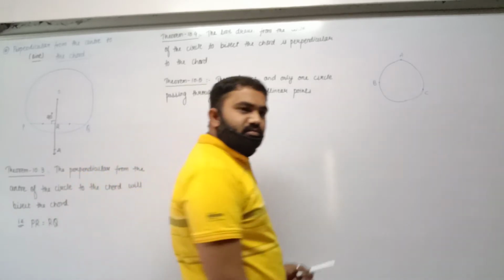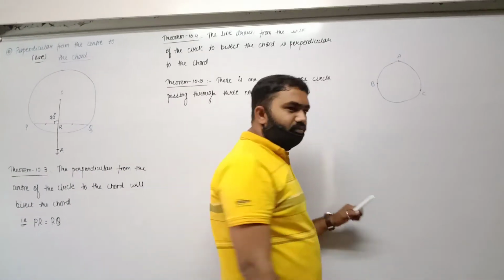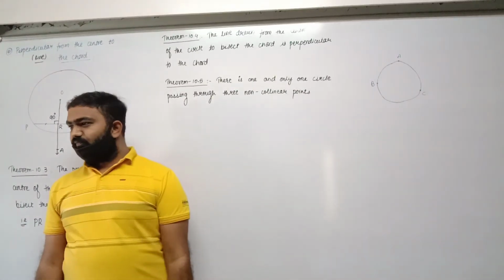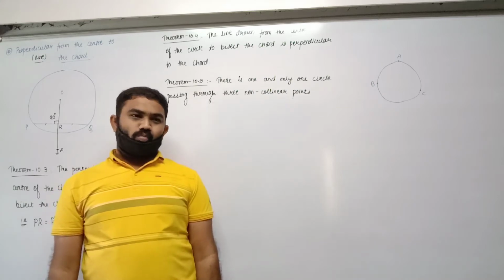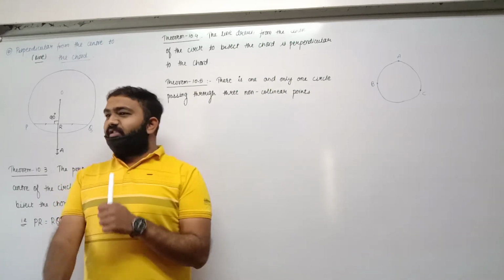Yes or no? How? I need all the 3 points on the circle.